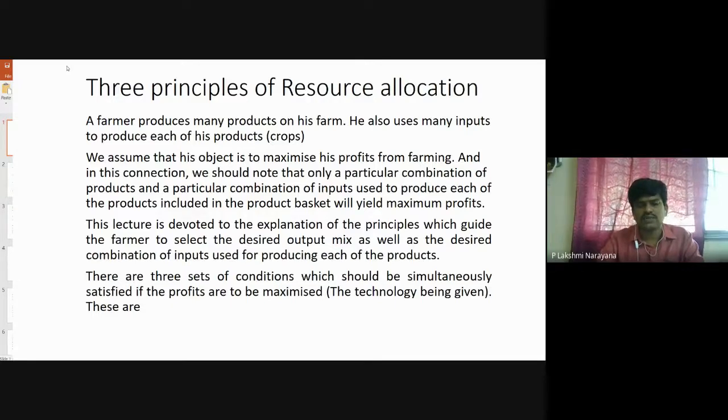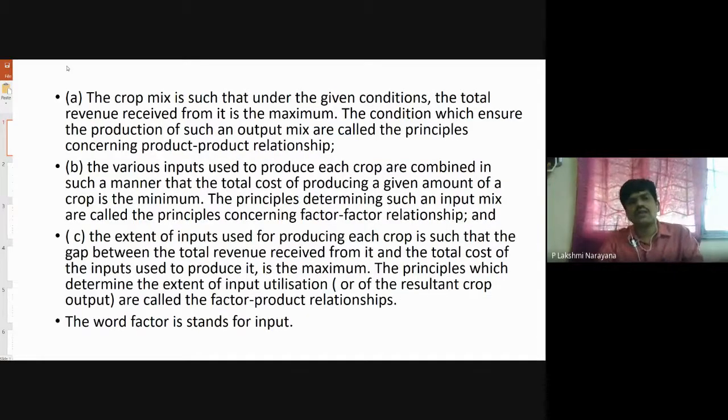There are three sets of conditions which should be simultaneously satisfied if the profits are to be maximized, the technology being given. Why? Because the technology need not be taken again. One is that the crop mix is such that under the given conditions, the total revenue received from it is the maximum.